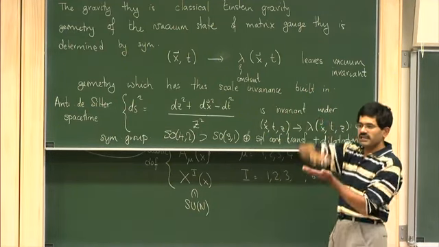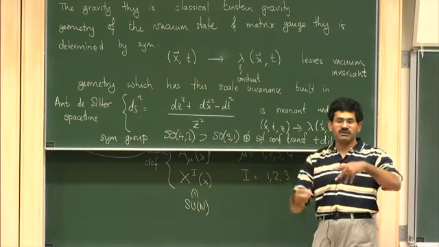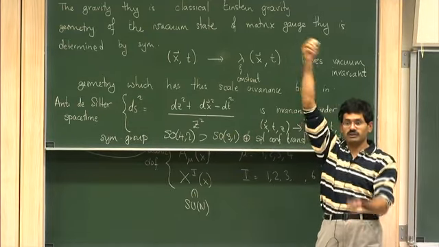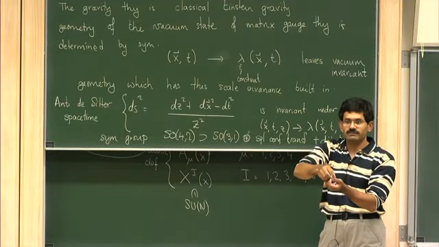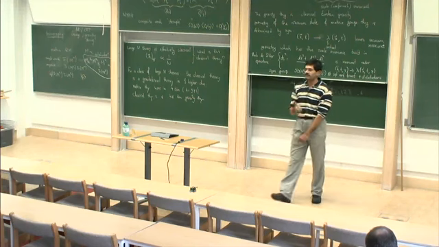So dilatations are the scaling, and special conformal transformations are what you know, which do inversions around the sphere. But now they do inversions in this relativistic context.